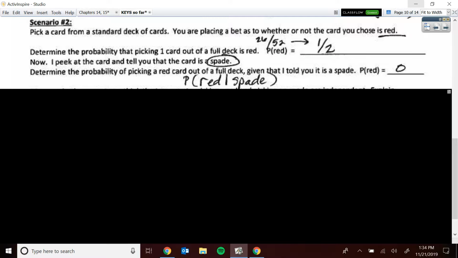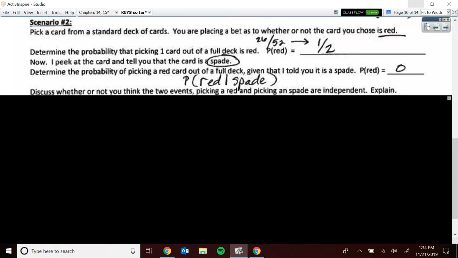Okay, so let's flip this around. Evens tell the odds if picking a red and picking a spade are independent and why.